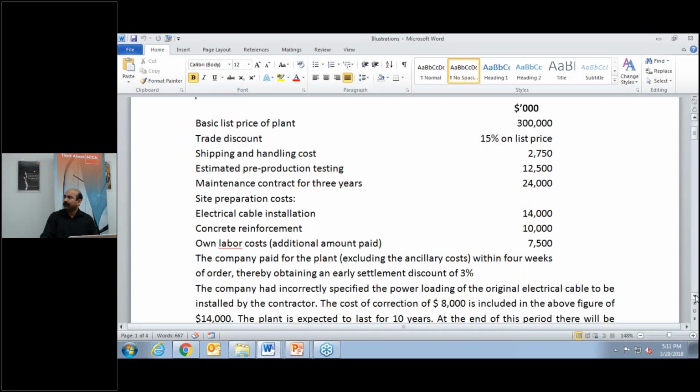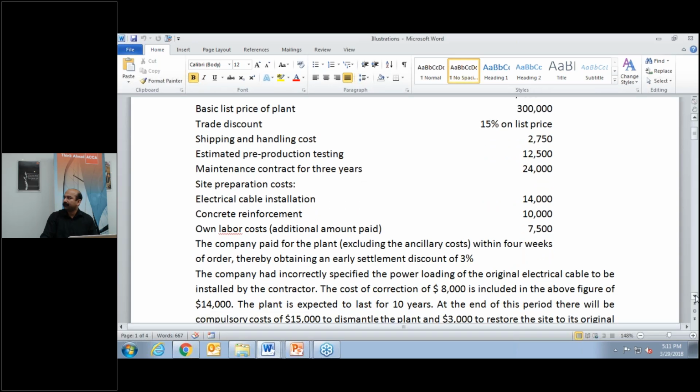It is better you should download this small illustration because then it will be easy for you to solve it. Shipping and handling cost, estimated pre-production testing, then site preparation cost, electric cable installation, concrete reinforcement, and labor cost, additional amount paid.